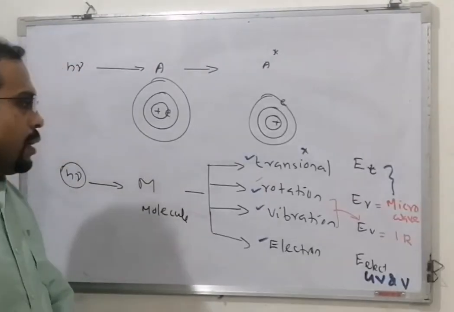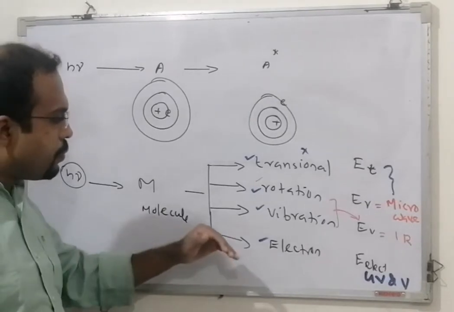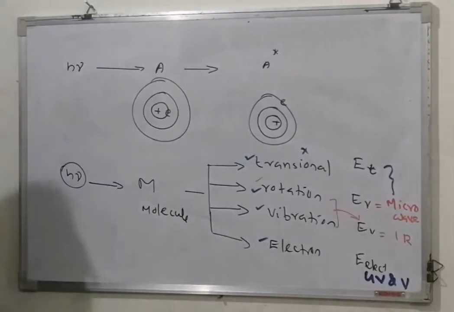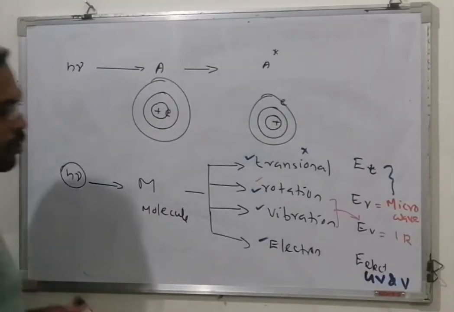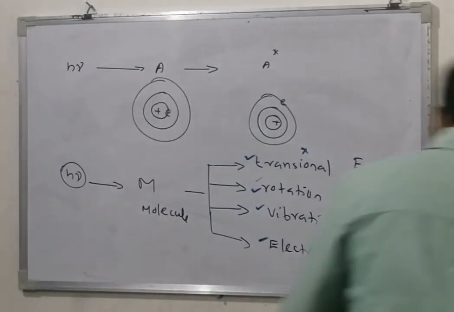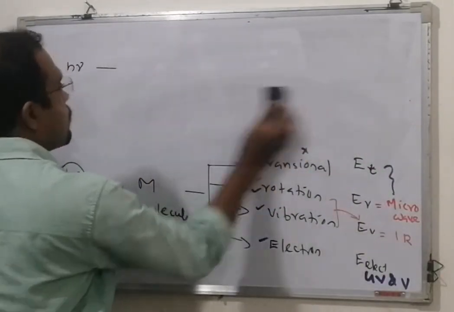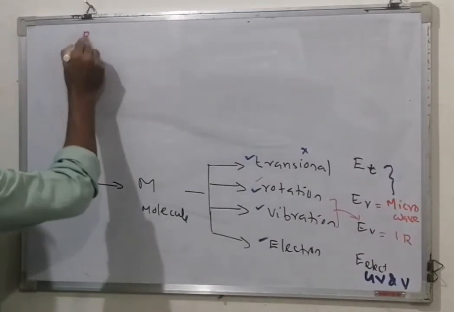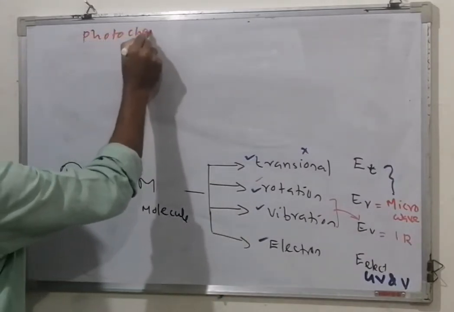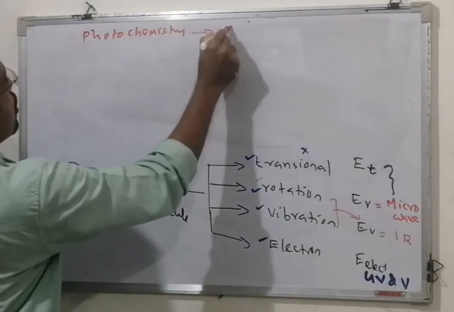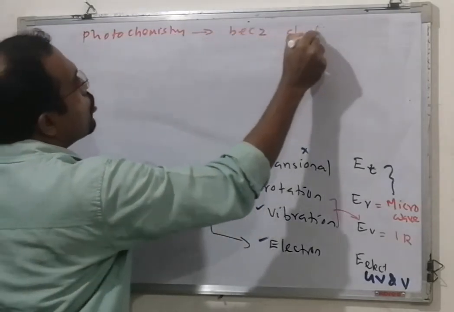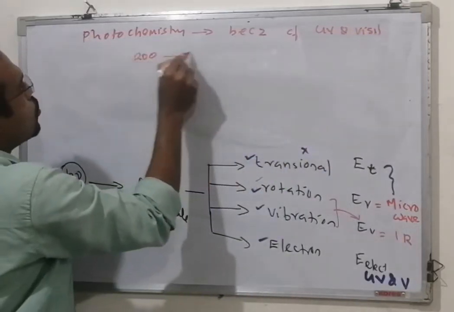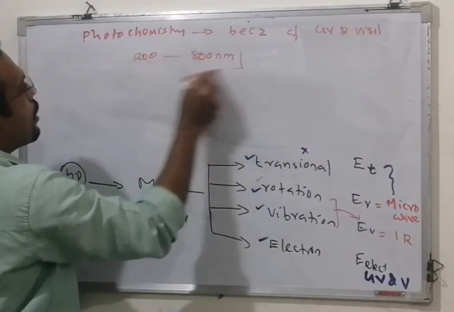Therefore, quantization and calculations for it are not of much significance. When we are focusing on UV and visible, our photochemistry is the chemistry because of UV and visible light, that is, the 200 to 800 nanometer region.